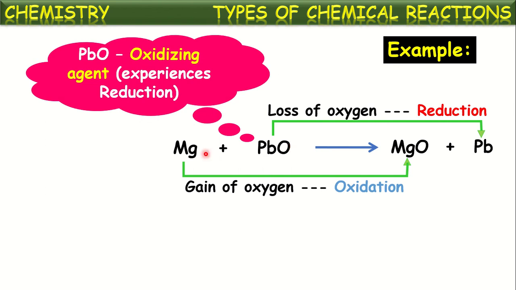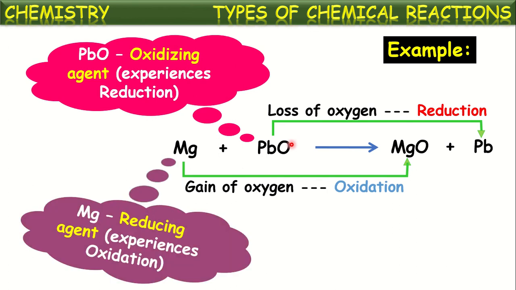In the same way, if you see magnesium, it is taking oxygen from lead oxide and helping the reduction of lead oxide. So magnesium is a reducing helper, which can be called a reducing agent, which itself is undergoing oxidation and helping the reduction of lead oxide.